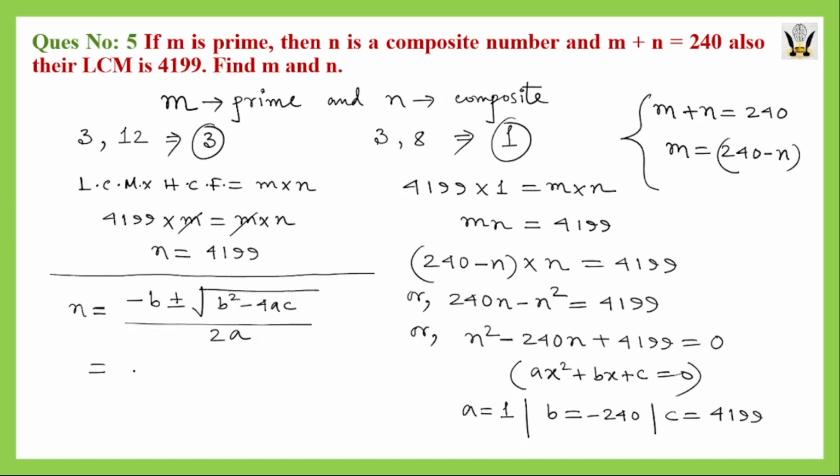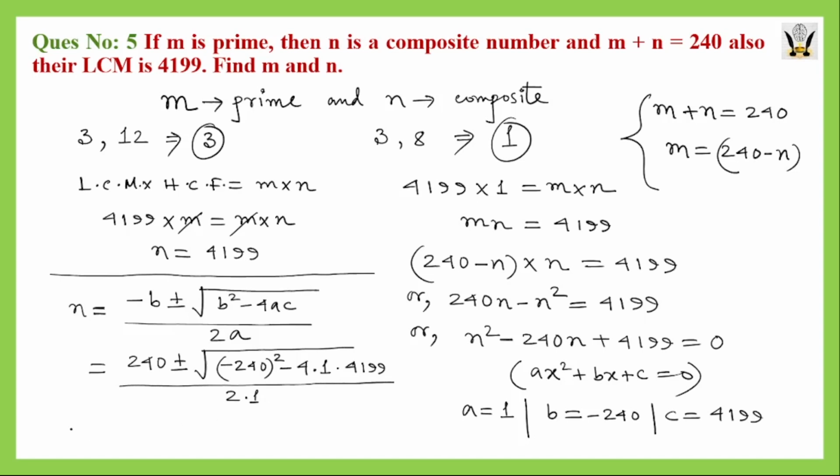In our case, the value of b is minus 240, and here we have minus already, so this will become 240, then plus minus, and within the square root, minus 240 square, then minus 4 times a, which is 1, times c, which is 4199, and whole divided by 2a. A is 1, so this will be 2 only.